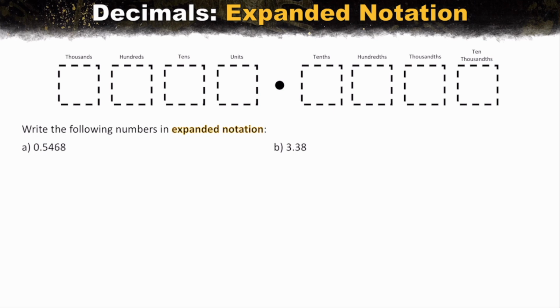However, I want to continue this thought of writing the following in expanded notation. When we've got something that doesn't have a whole number, we don't have this section anymore. What we do have is this 5, 4, 6, and 8.